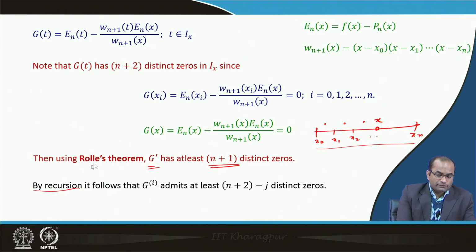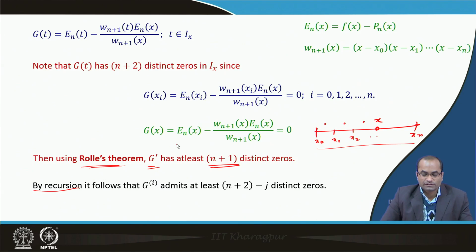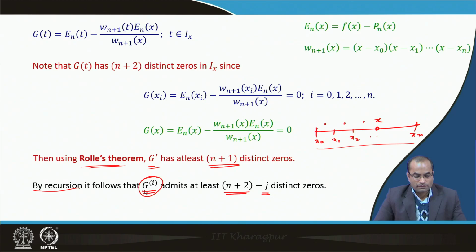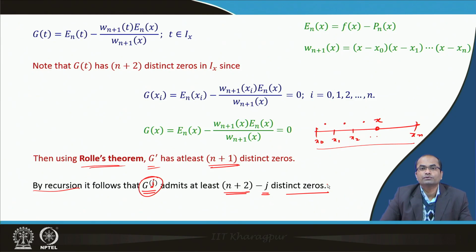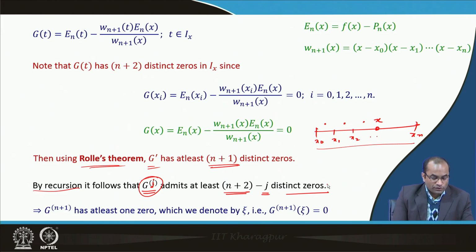By recursion, we can continue this process: g double prime will have n distinct zeros and so on, or the jth derivative of g will admit n+2 minus j distinct zeros. Now we are continuing, and let us say j is n+1.